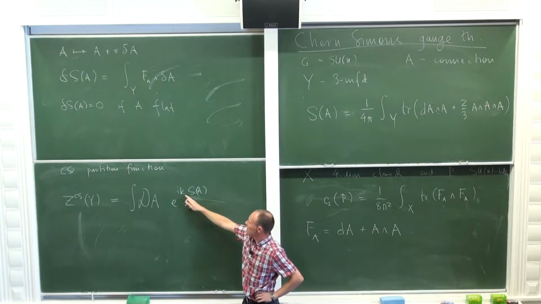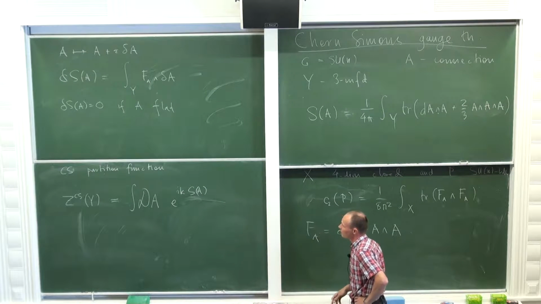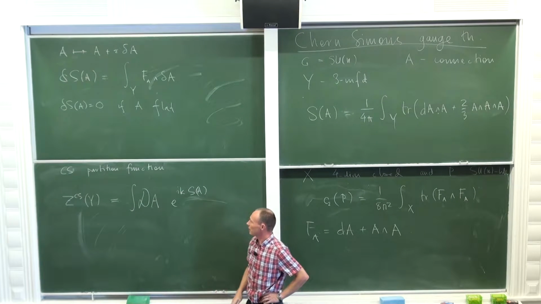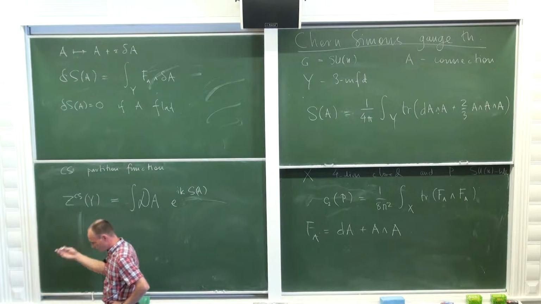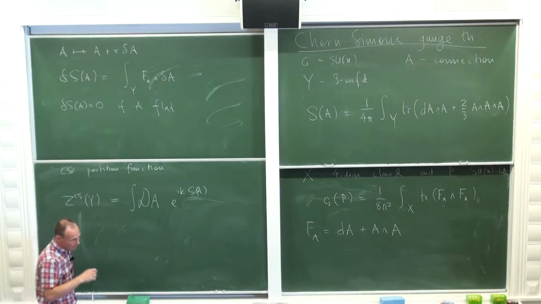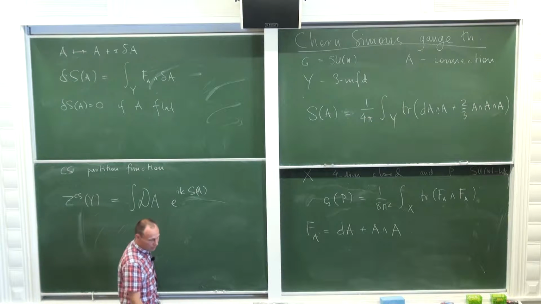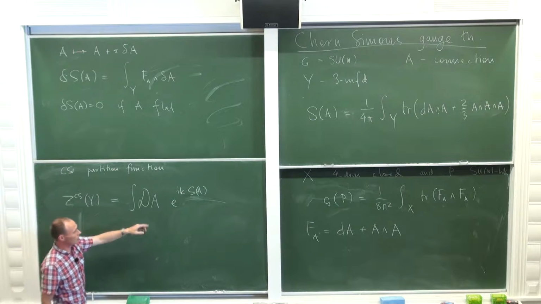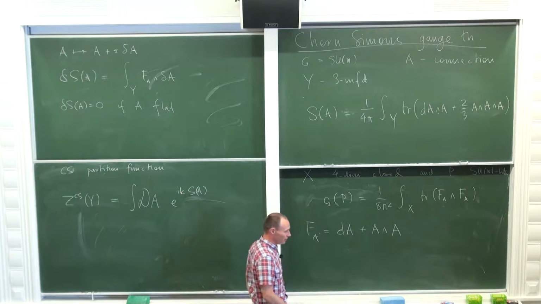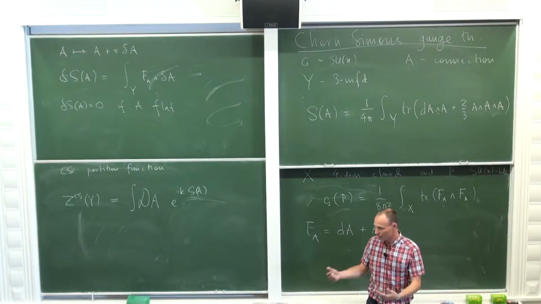K here is the level or something, but it's sort of like 1 over a time constant, if you think about the normal path integrals in physics. The integral is supposed to take place over the space of all connections, which is the standard infinite-dimensional space, and you can define the pressure and so on.